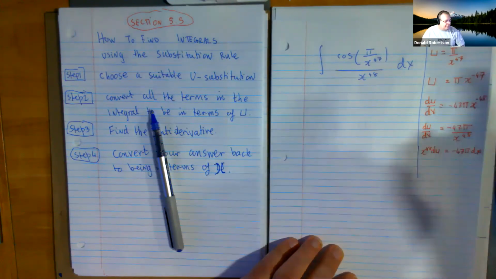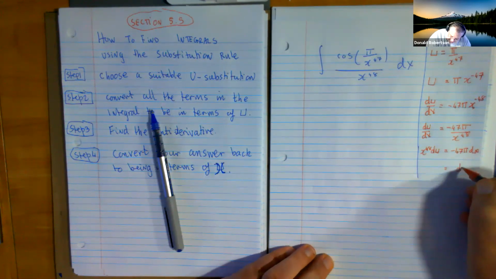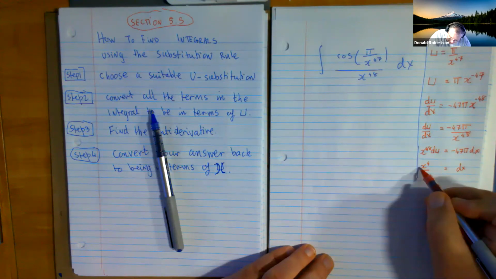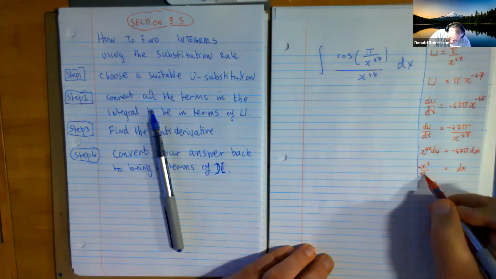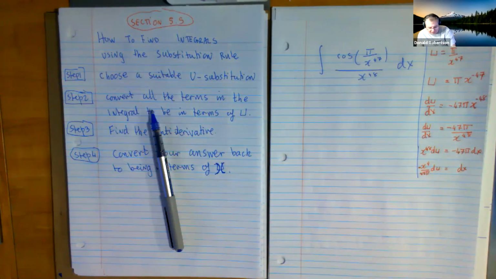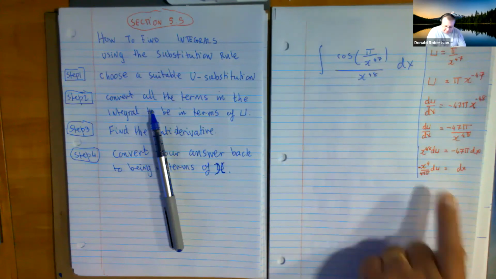You see a little crossover thing? And then to isolate the dx, won't I have x to the 48 over a negative 47 pi with a du? You see how messy the dx is, right? It's got negatives and fractions in it.